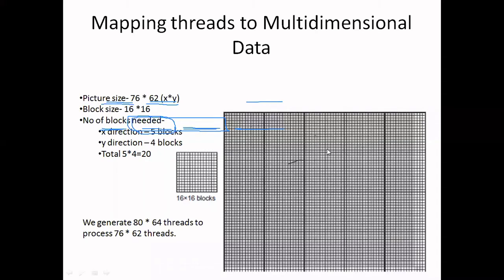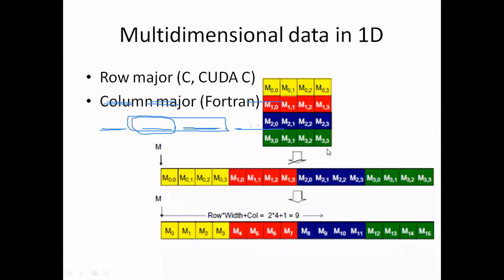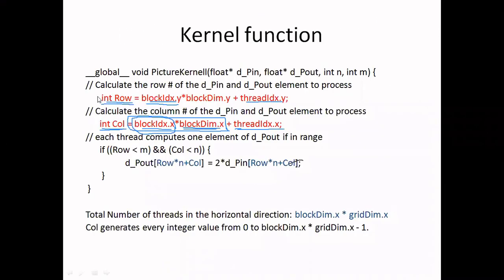So we always make just one kernel function, and this kernel function is used by all the threads. So all the threads will have their unique thread ID. Thread index dot x, thread index dot y will be specified by the device.